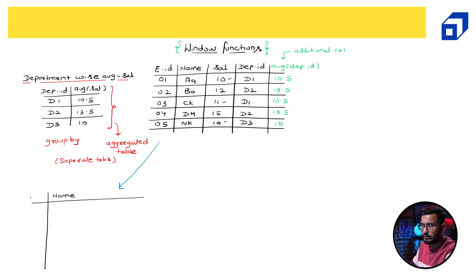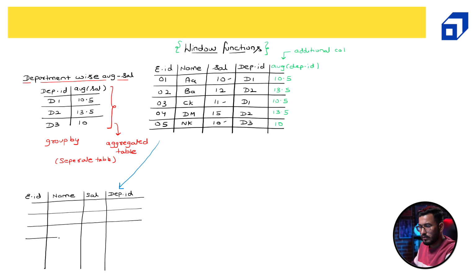Let me show you this. So we have employee ID, we have name, we have salary, we have department ID, and let's generate the records. So 1, 2, 3, 4, 5. So here now my objective is to create windows. So all the records according to department number 1, I'll keep it together.